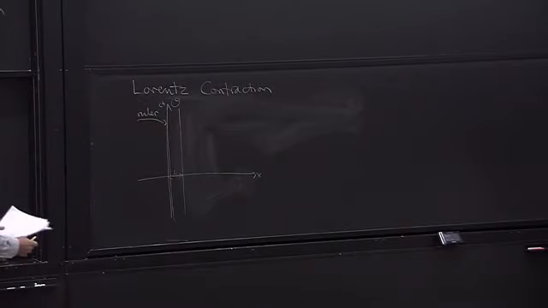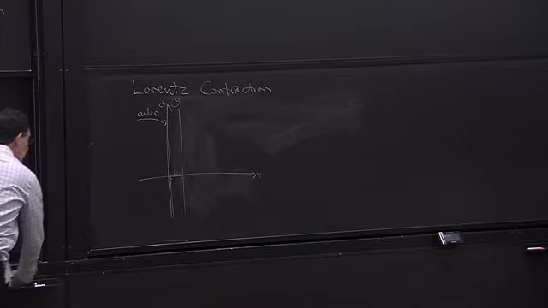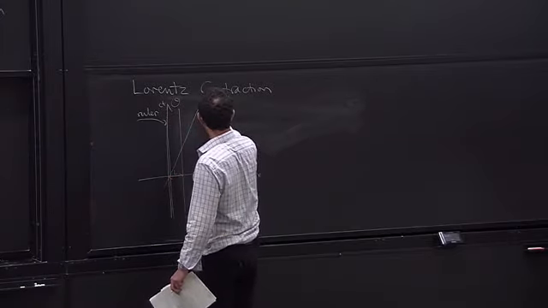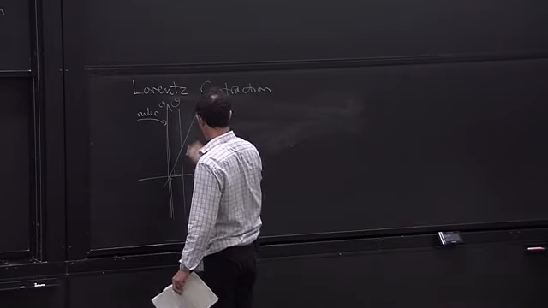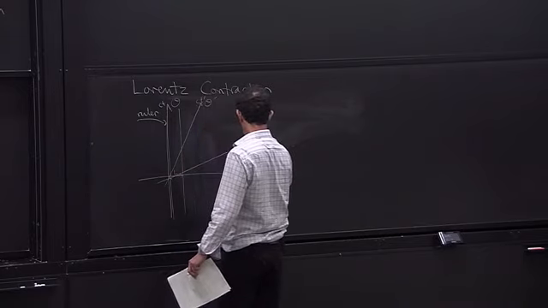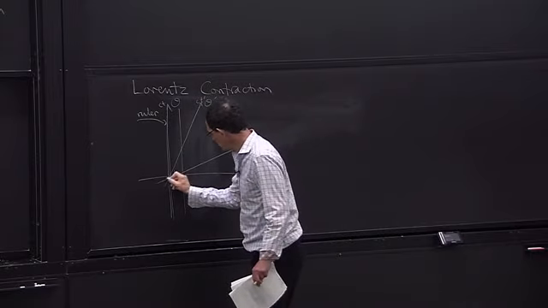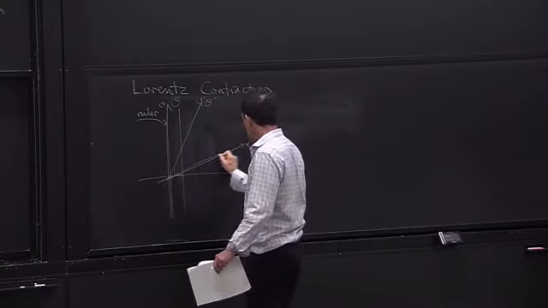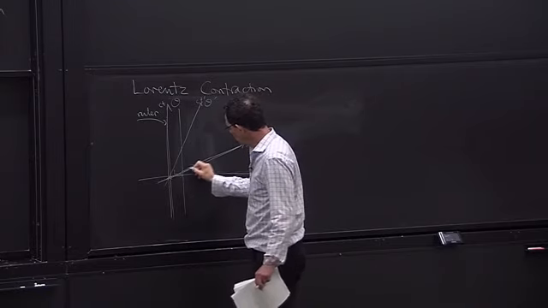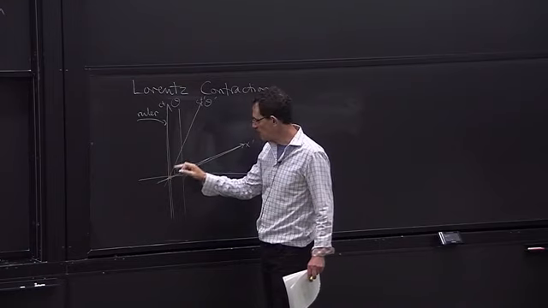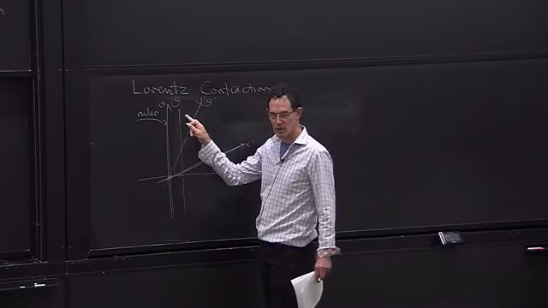Now, the point is that this O prime observer, here's O prime, CT prime, X prime. How long is the ruler according to O prime? Well, you see, O prime is not measuring the length of the ruler at the same times that O is measuring.